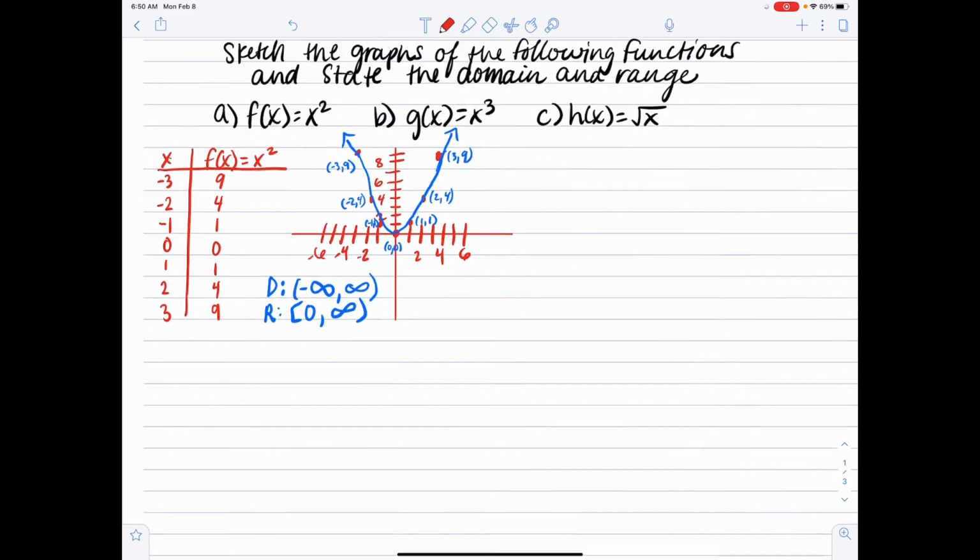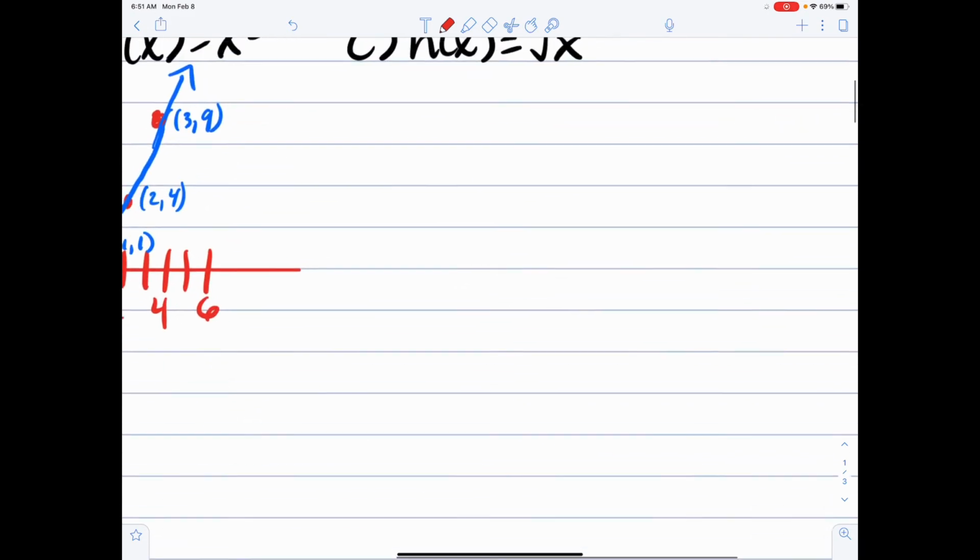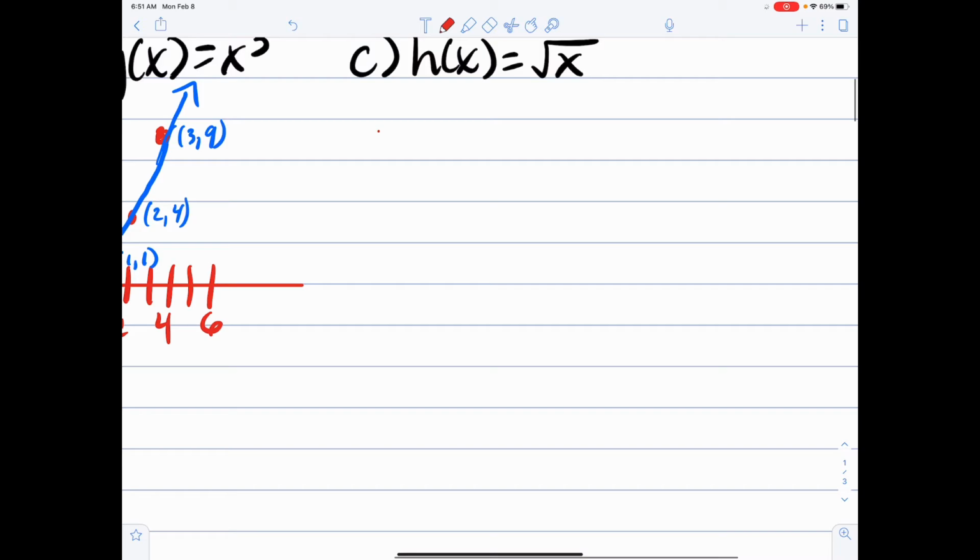g of x equals x to the third. So I'll do this over here. So we've got x, and we've got g of x equals x to the third. So this is B, even though I'm writing it under C. And we're just going to do some positive and some negative values. Let's see.